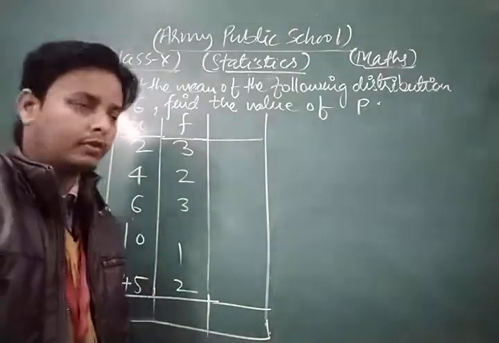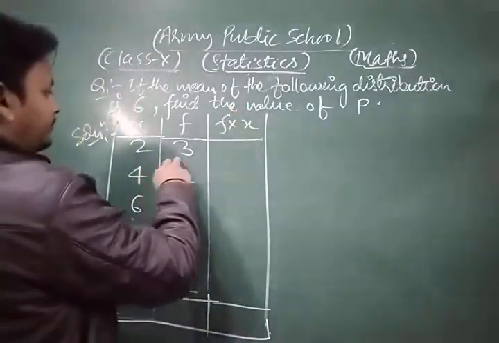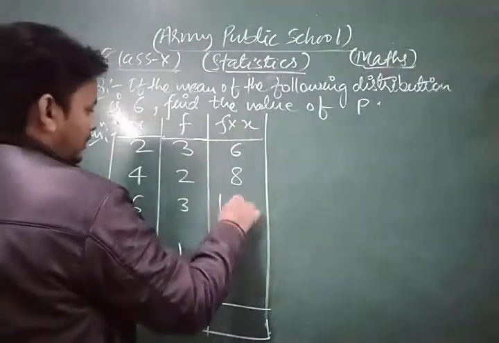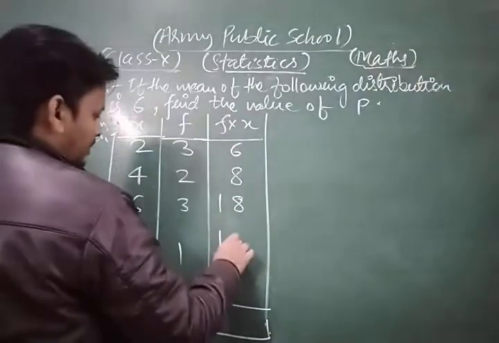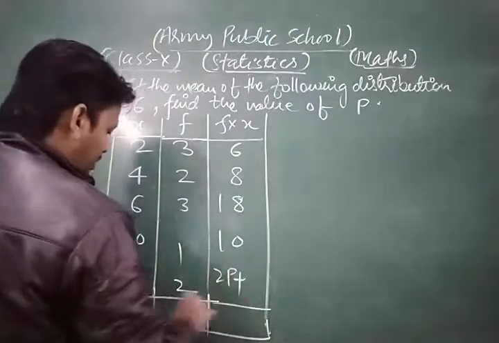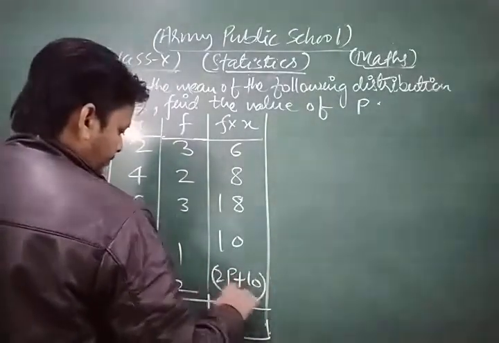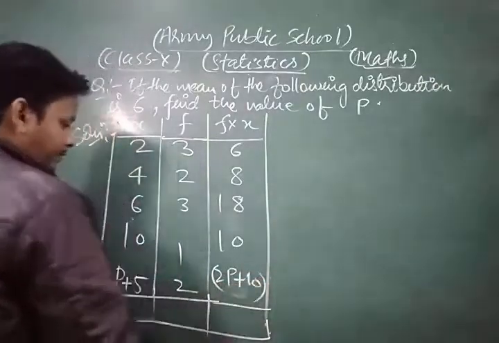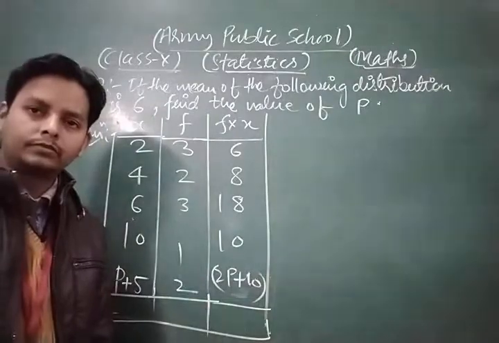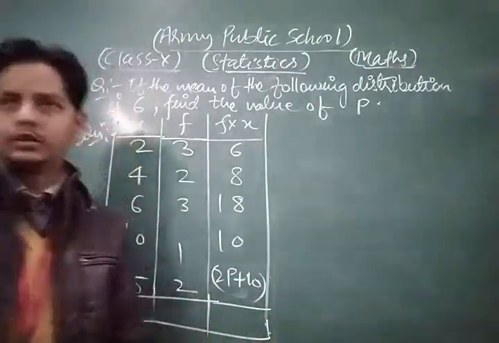So fx is what? 3 2s are 6, 4 2s are 8, 6 3s are 18, 10 1s are 10, and 2 into p plus 5 is 2p plus 10.